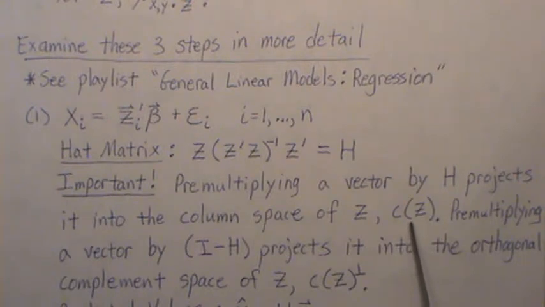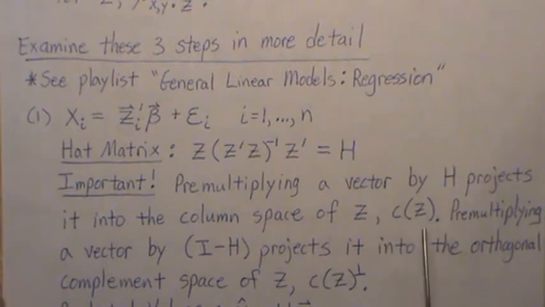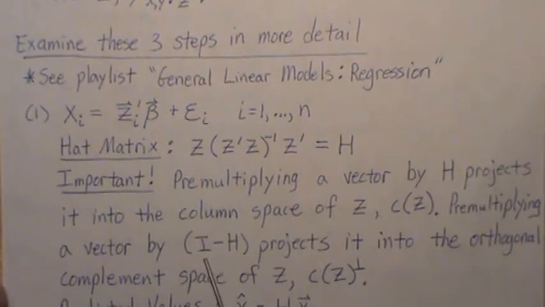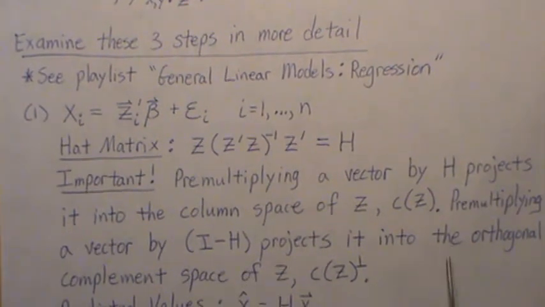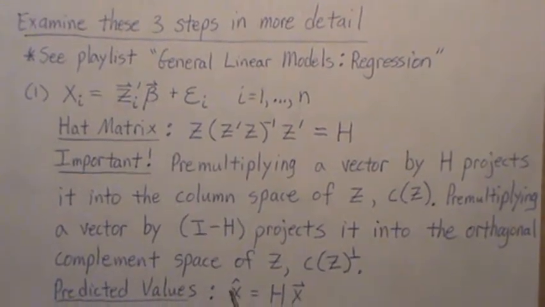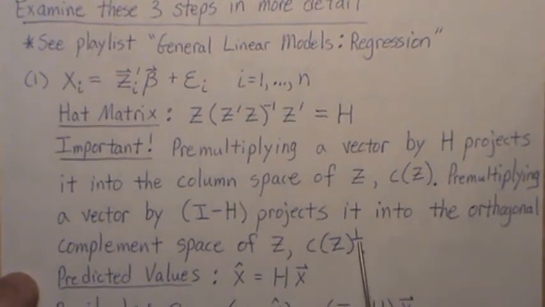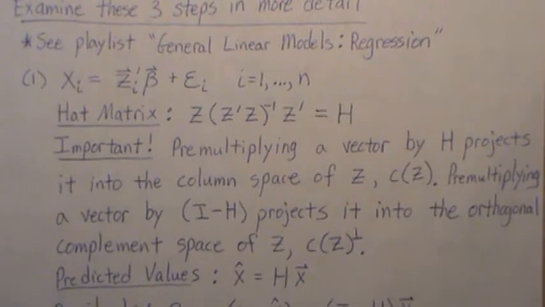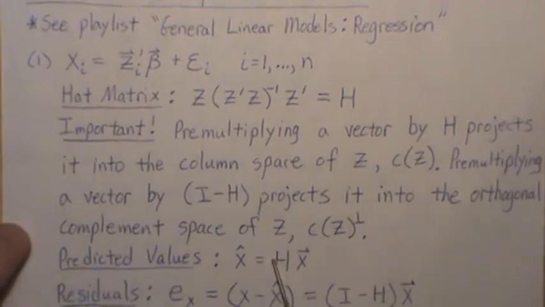We pre-multiply by H and it projects it down into this column space of Z. Now, pre-multiplying a vector by I minus H projects it onto the orthogonal complement space of Z, which we'll denote by C of Z complement. So these spaces are perpendicular to each other.